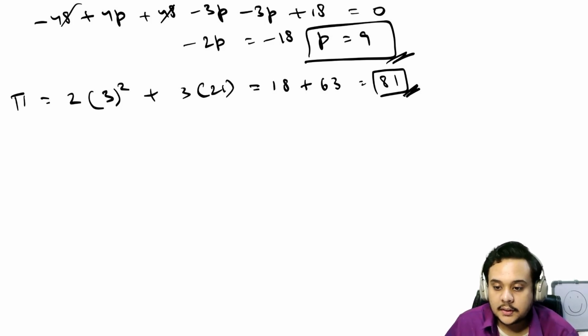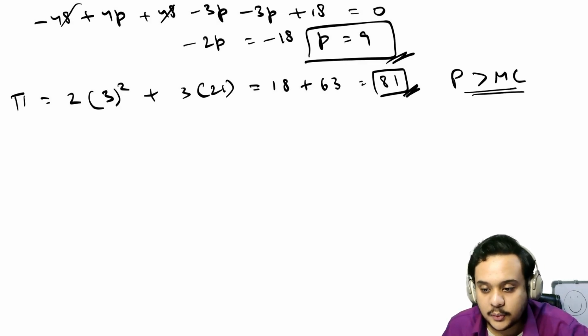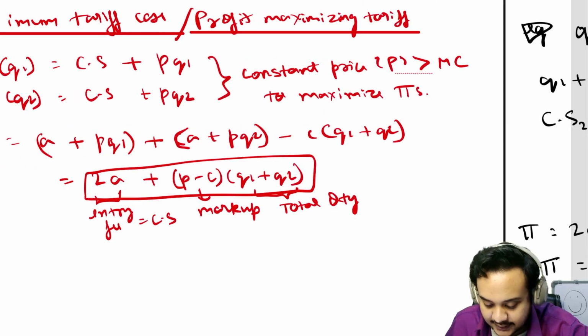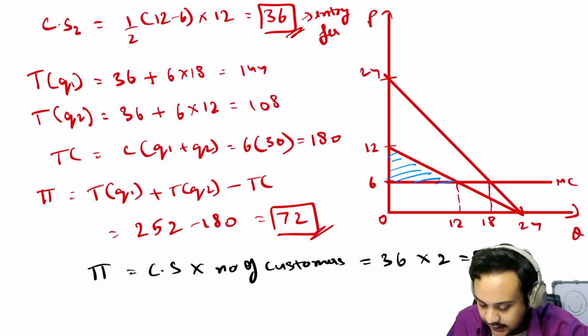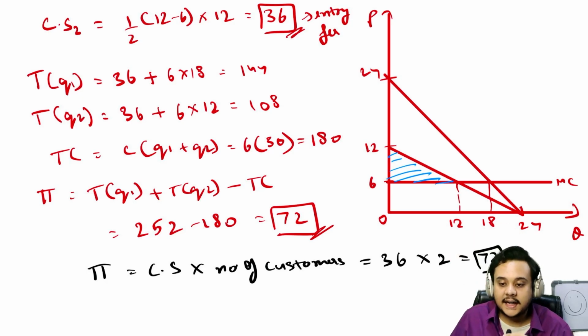Your profit from the profit maximizing method, where we took a price greater than MC, right? Your profit came out to be 81 in the exact same question, and in the OI tariff method it was 72.